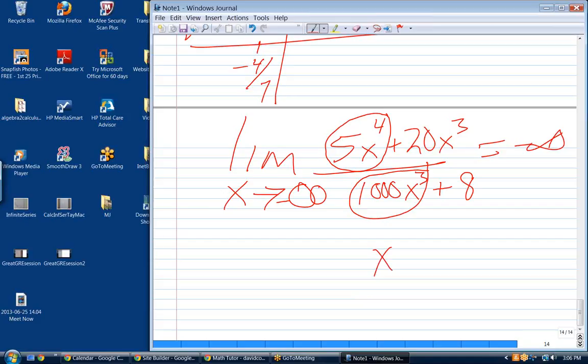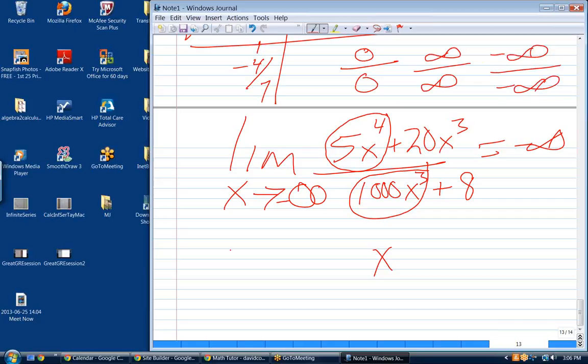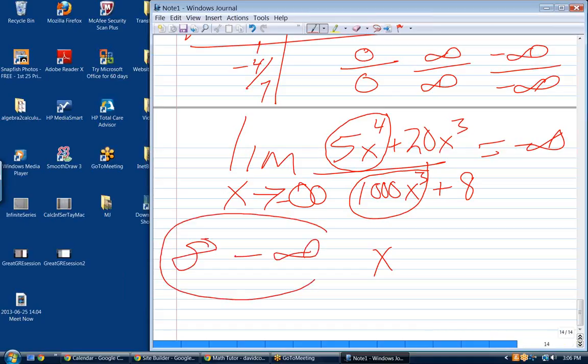No, because for it to apply, you have to end up with an indeterminate form. Indeterminate forms are the following: 0 over 0, infinity over infinity, negative infinity over negative infinity, infinity minus infinity. All of those are indeterminate.